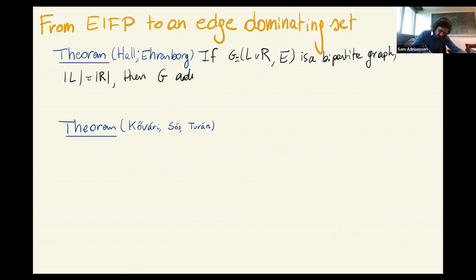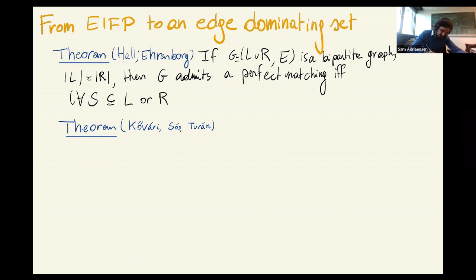Then G admits a perfect matching if and only if for any subset S of L or of R, so a subset of one of the bipartition classes, and this is the strengthening by Ehrenborg, you can assume that the size of S is at most half the number of vertices in one of these classes, rounded up.